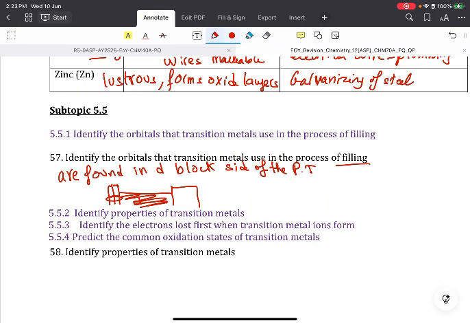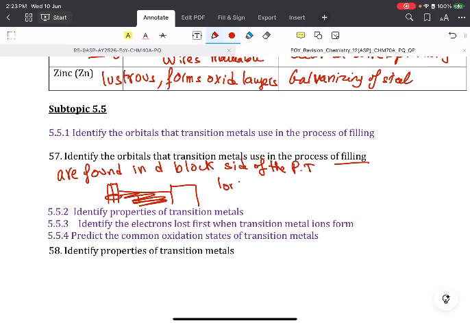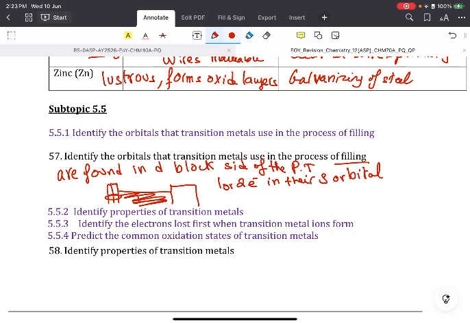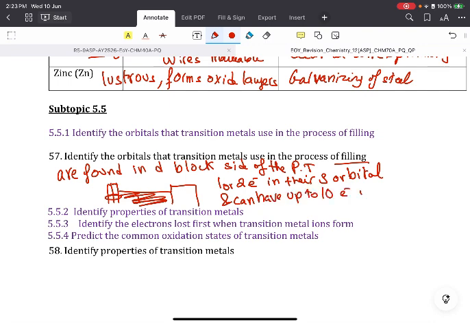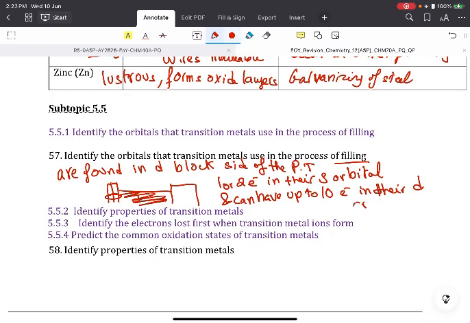So all of them have either 1 or 2 electrons in their s orbital, and can have up to 10 electrons in their d orbital.